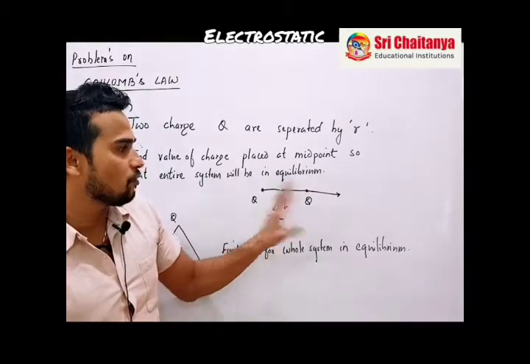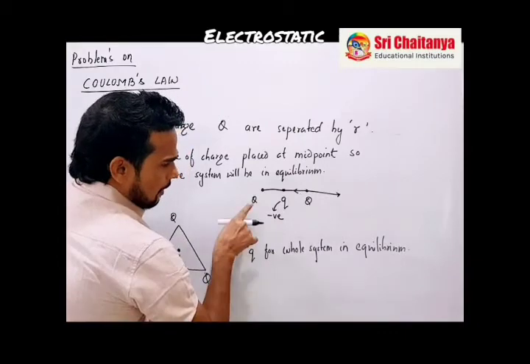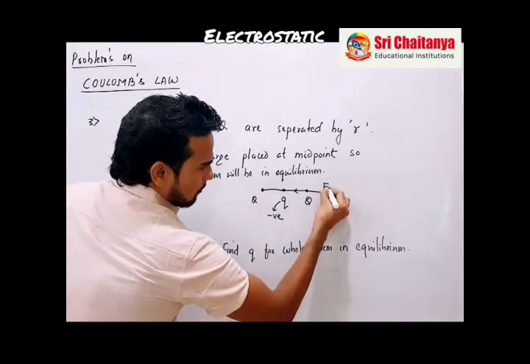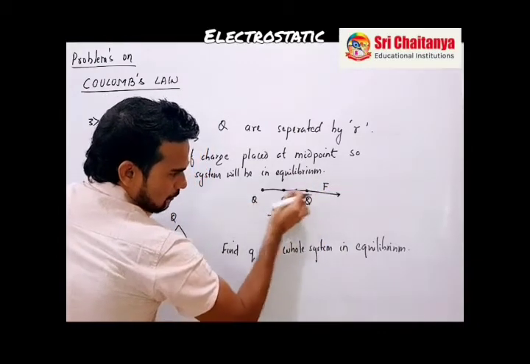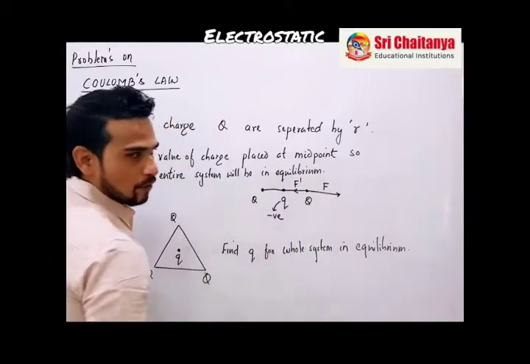Now second thing, sir, how to get its value? The value can be found very easily, because this force F and this attractive force F dash must be equal.